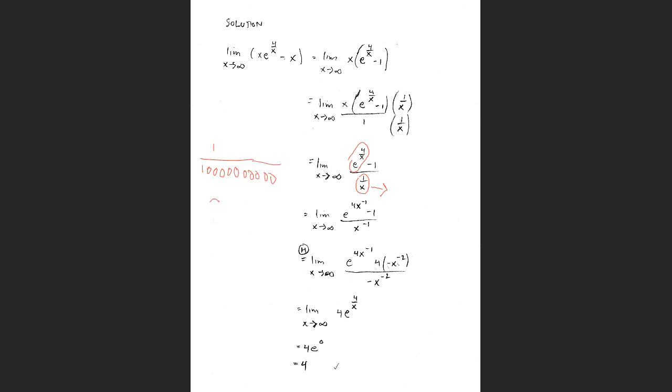What's that going to be about equal to? 0. That's right, Mohammed. That's right, Mark. 0. So this 1 over x approaches 0. E to the 4 over x would approach e to the 0, which is 1.